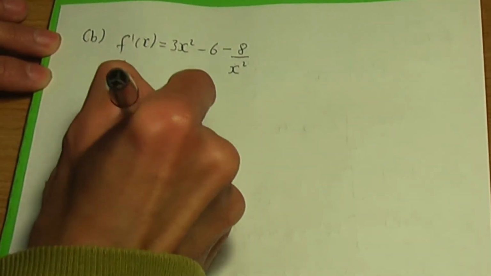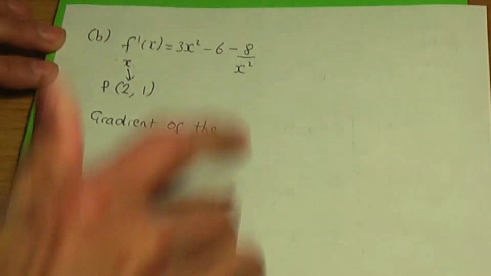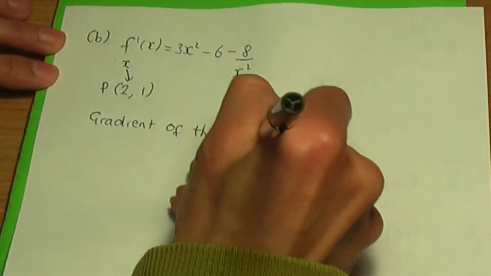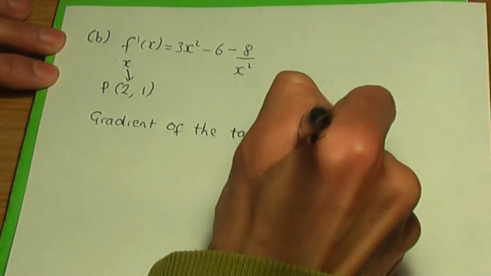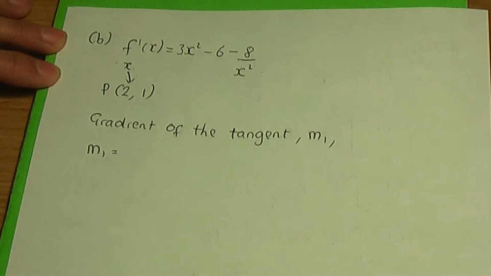So let's work out firstly the gradient of the tangent. I normally call the tangent gradient m1, so let's work out m1.